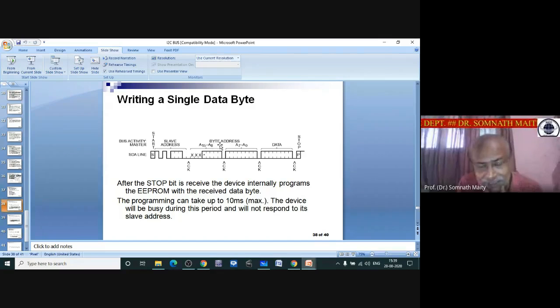This slave address will select a particular slave, and this address will send the address in the memory inside the device, and this is the data to be written. Whenever 8 bits of data are transmitted, an acknowledgement signal is received, and after acknowledgement, a low-to-high transition will indicate the stop condition.